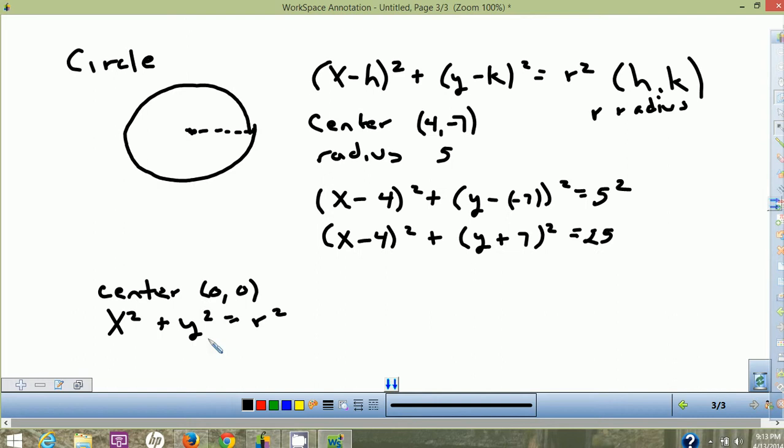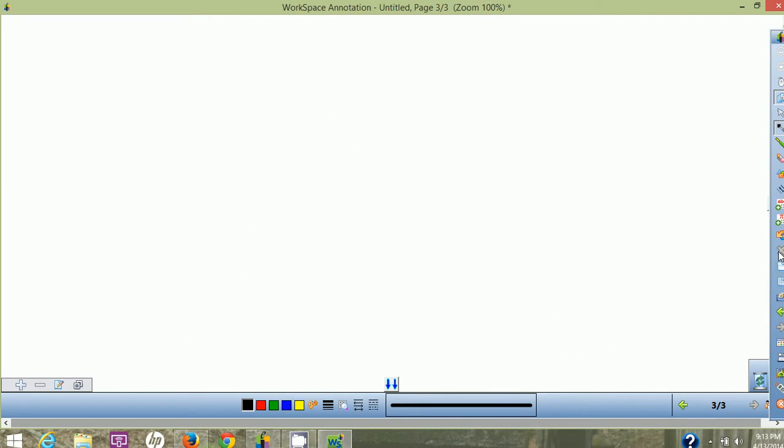Equation for a parabola, you've actually already done lots of work with, but we're going to talk about it in a slightly different context than we talked about it before, because we're going to introduce a couple of new terms. When we talk about a circle, we're talking about all the points that are exactly the same distance from the center.